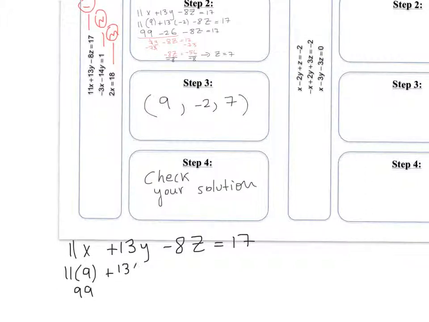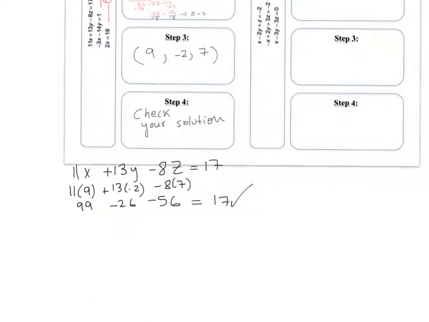Plus 13 times negative 2, that's negative 26. Minus 8 times 7, that's negative 56. And if you add 99 and negative 26 and negative 56, you will get 17, so that is correct.